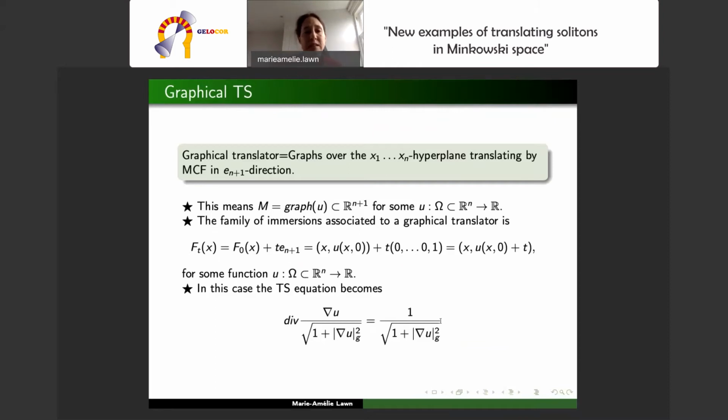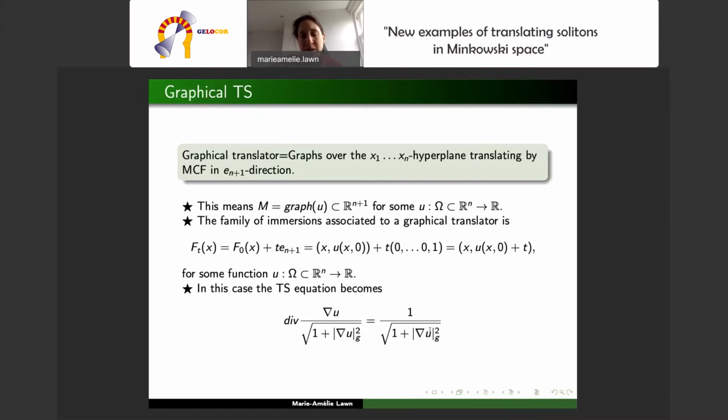So in this case, the surface just becomes a graph of some function from R^n to R. And the family of immersions associated to the graphical translators becomes a bit easier, meaning that it is just our original surface F0, translated by t e_{n+1} in the vertical direction, for some function u.